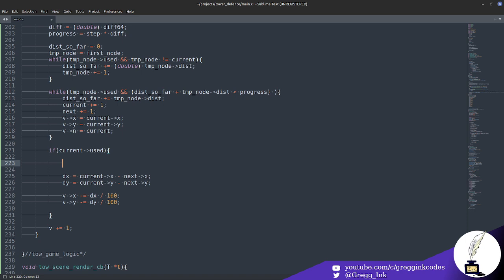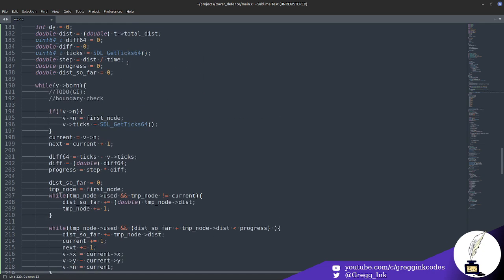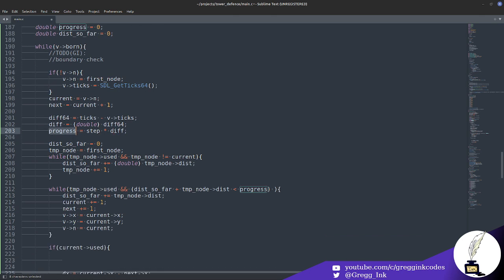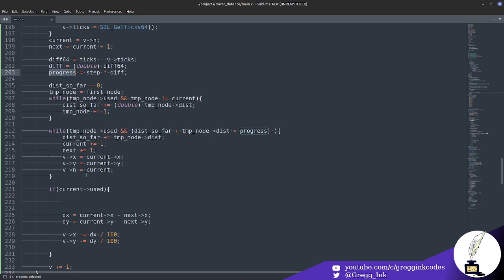So now the step was dist over time. That is the distance it should be at now.